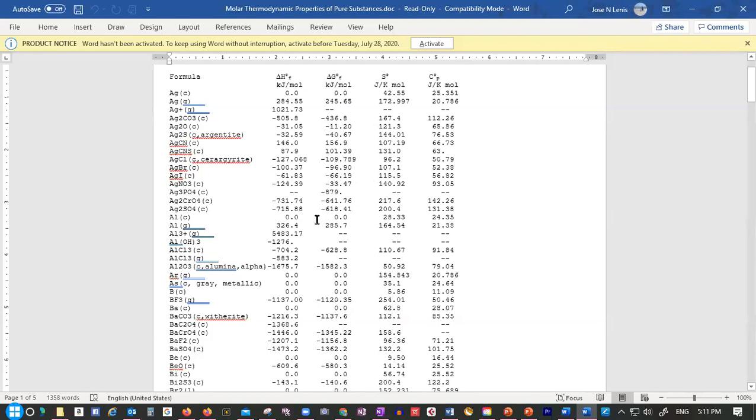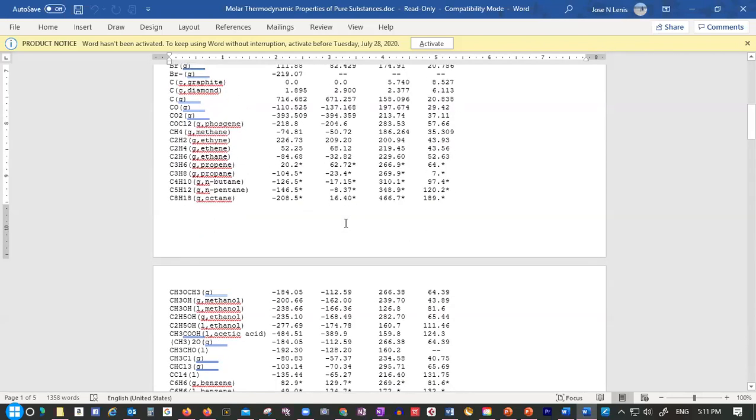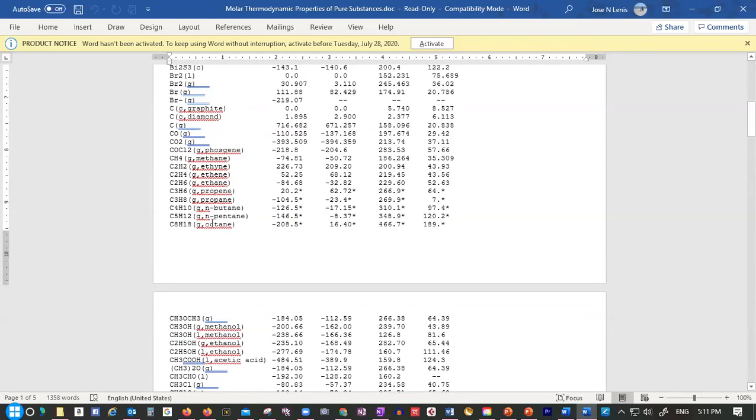Some of them, no, a lot of them. So let's say CH4 methane as a gas, the entropy is 186. It's positive. You have to be careful with the signs of these values. You don't want to miss the sign.